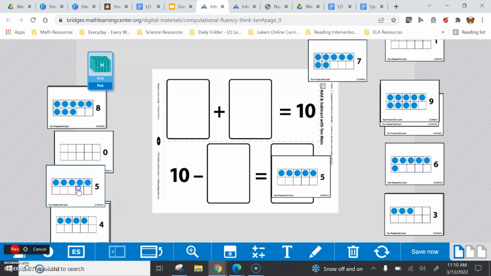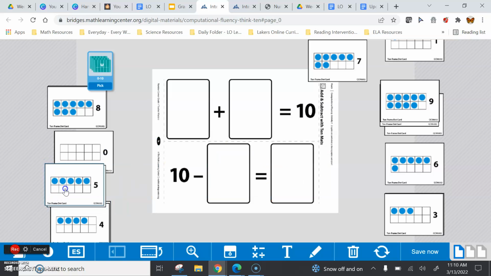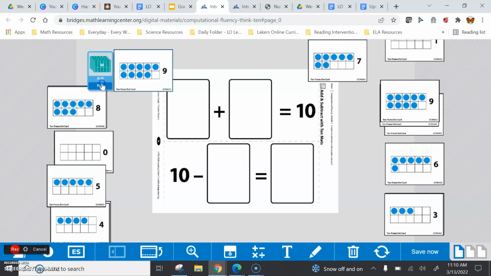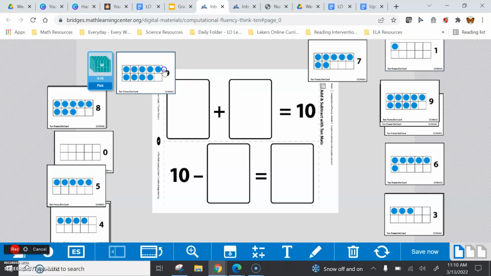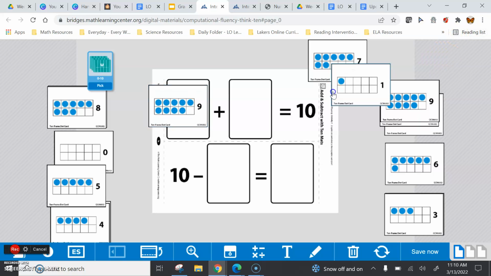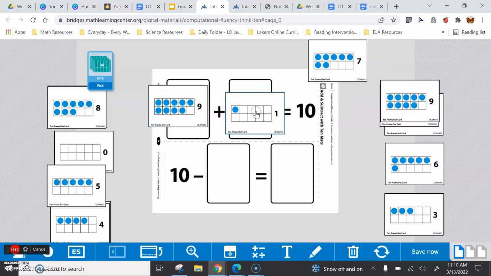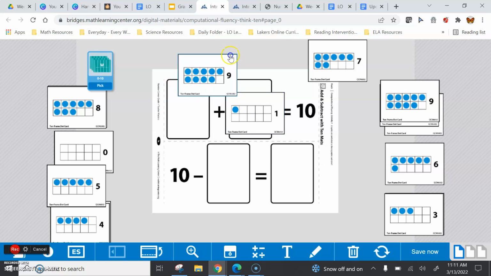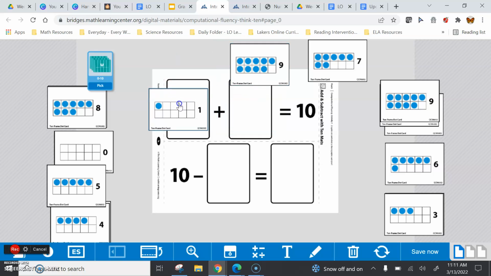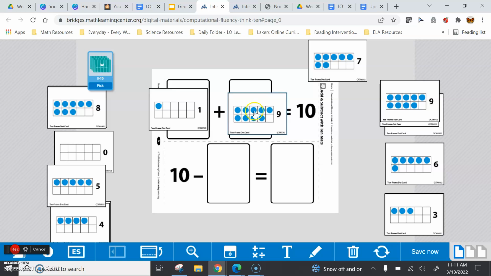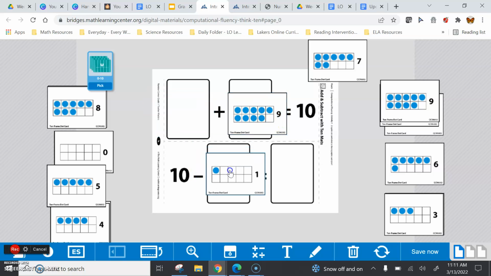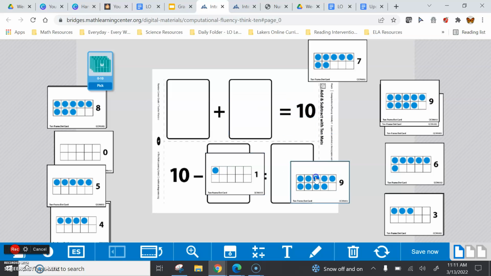Let's try one more. 9. 9 plus 1, or as we can put it, 1 plus 9 equals 10. And then we'll have 10 minus 1 equals 9.